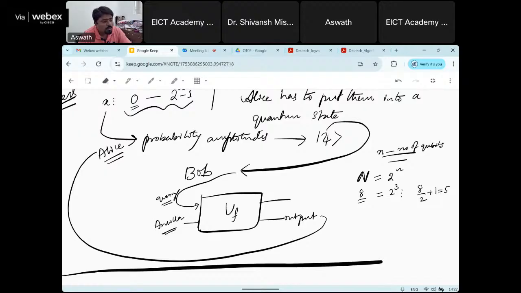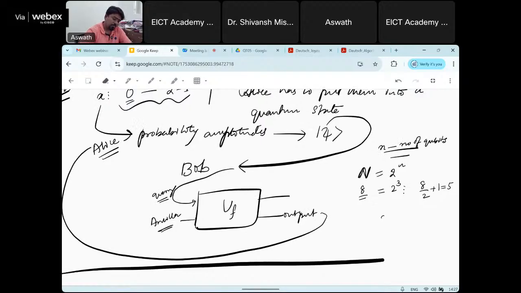But to say it is constant or not, we would need to do 2 to the power of n attempts? Not required. That many attempts are not required. We just need 2 to the power of n by 2 plus 1 attempts, which is like, yeah, you are saying 2 to the power of n minus 1, plus 1 attempts. Is it right?